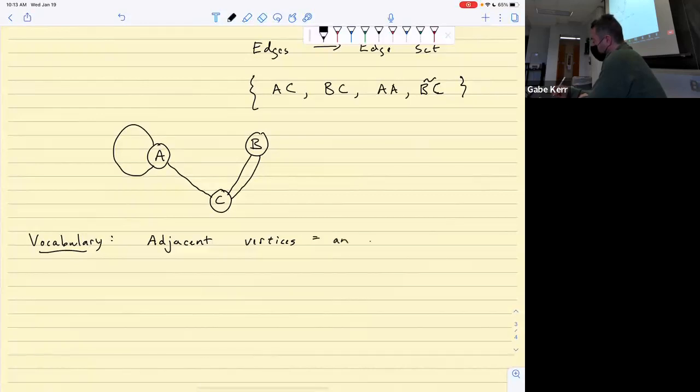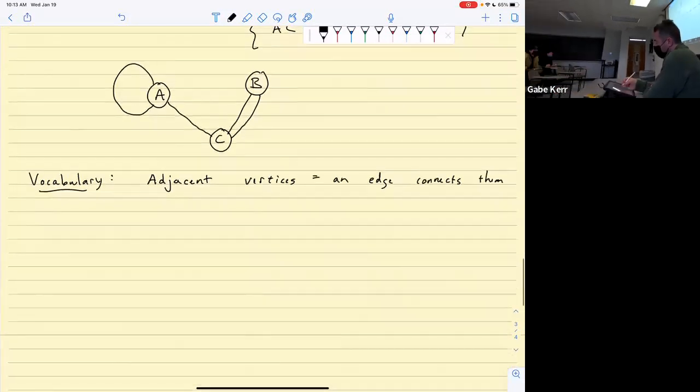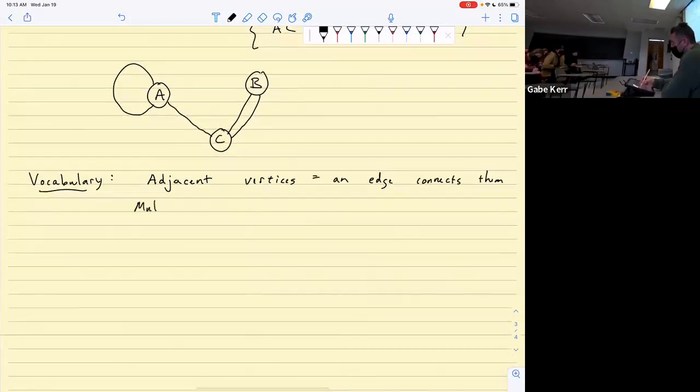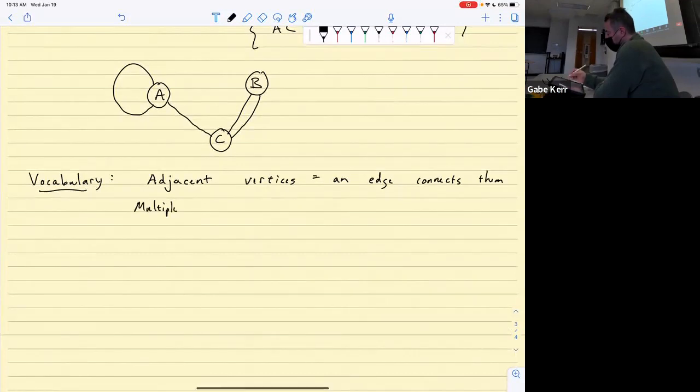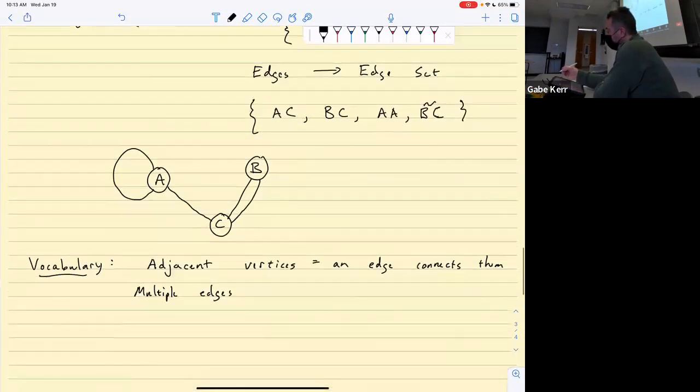Next. Okay, so multiple edges, I think you can see what's going on. Sometimes the book might write something like this, where you see this twice.